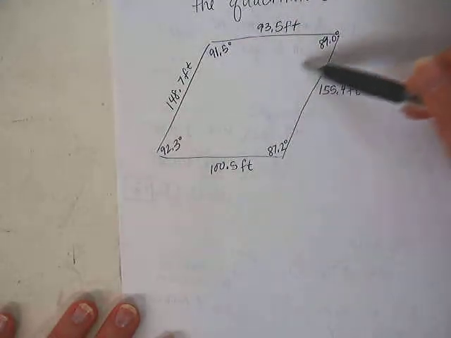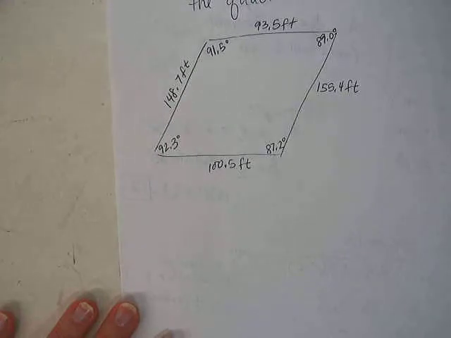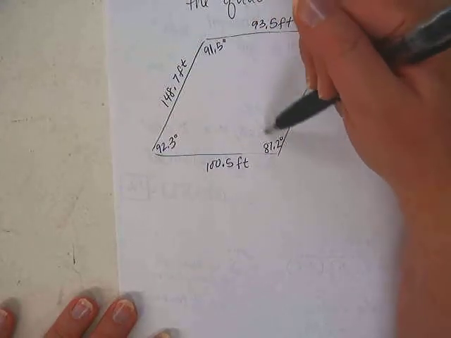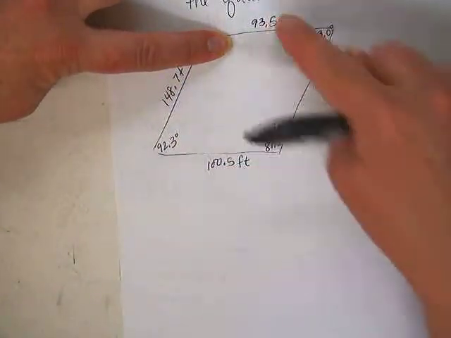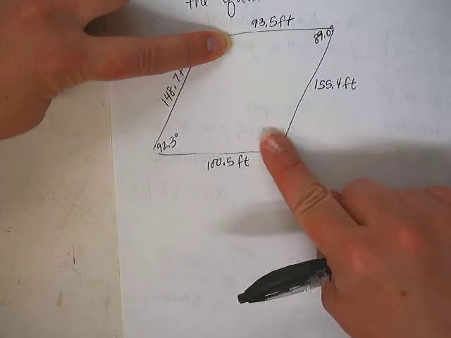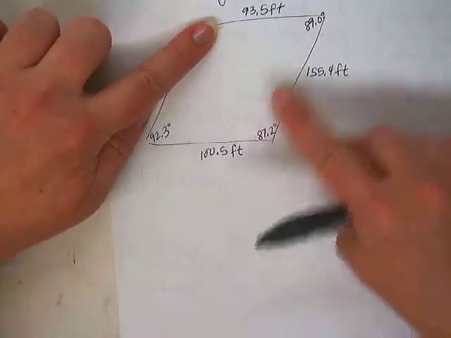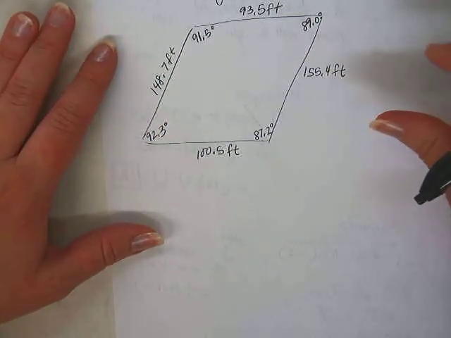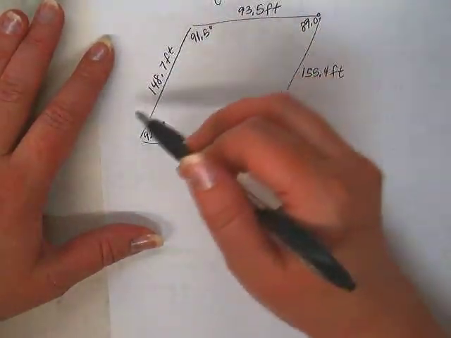Any ideas? Problem-solving skills. Split it into 2 triangles and find the area of each triangle. Beautiful. So which way do you want to split it? This way or that way? 91.5 and 87.2. You want to split it this way? Is it a bisecting segment, so just half that angle? You know what? You don't even need those angles because you have a side angle side, side angle side.